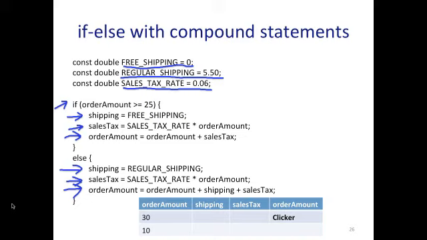And notice that if we wanted to change the sales tax rate, we only have to change it once, which is right here, rather than twice, which would be here and here. And in general, we might use these constants in multiple places in the program.